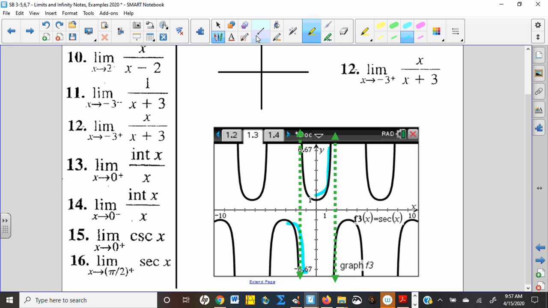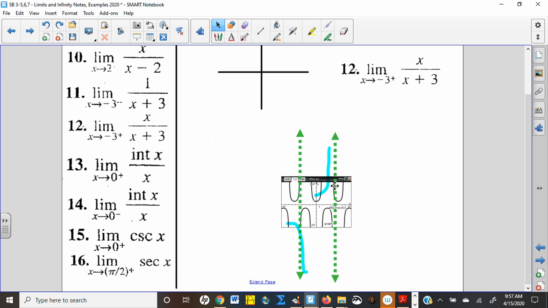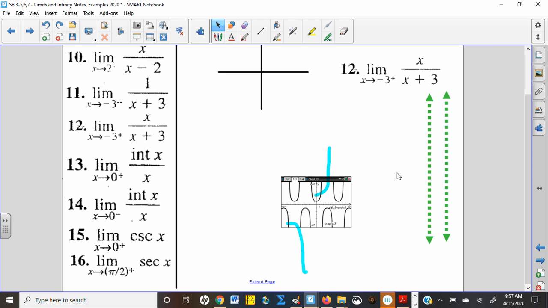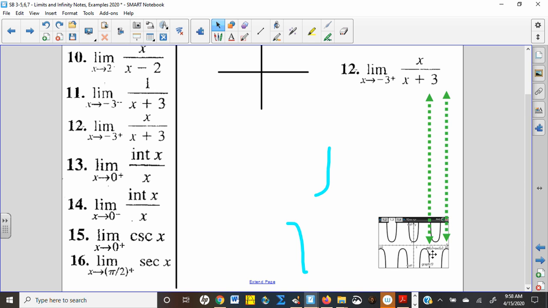And so the trig ones, because of their periodic tendencies, are a little trickier. Actually, tangent and cotangent aren't too bad because they are consistent with their shapes. They are strictly increasing or decreasing, so that helps us out a little bit.